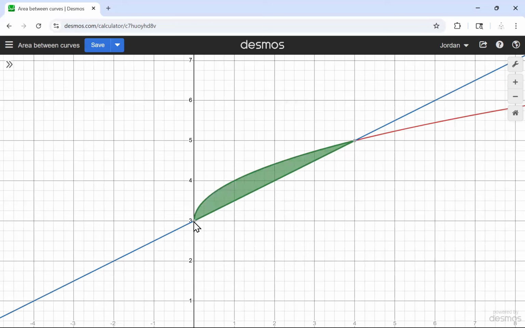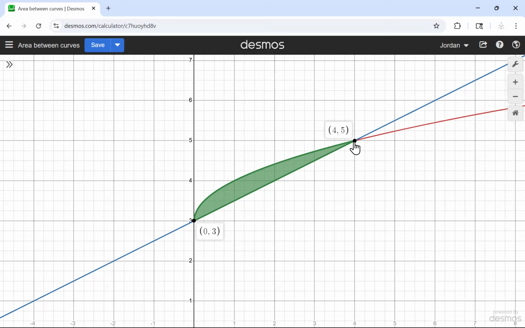Now, it goes from 0,3 as one intersection to 4,5 as the other intersection. Like I said, if you're using the TI-84 calculator, you can use that to find the points of intersection.